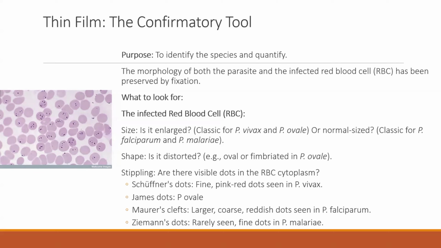These are found in P. ovale. And then we have the Maurer's clefts. They are always large, coarse, reddish dots, and they are seen in P. falciparum. And then lastly, we have the Sinton dots. They are rarely seen, but if you see them, they are fine dots, and they are a presentation of P. malariae.